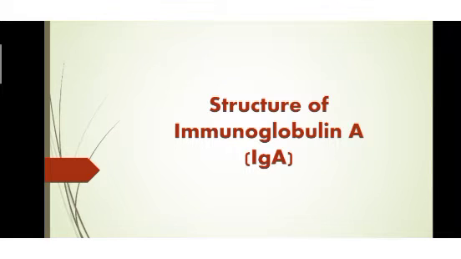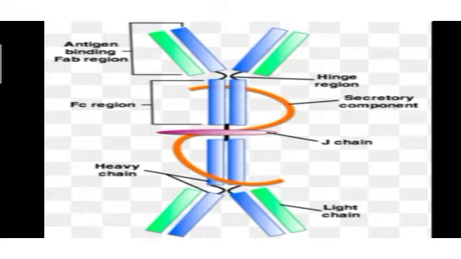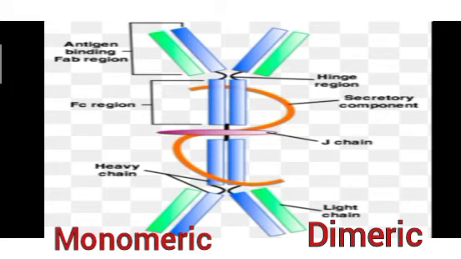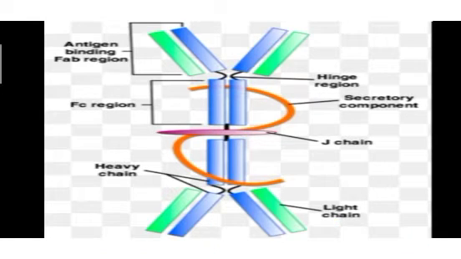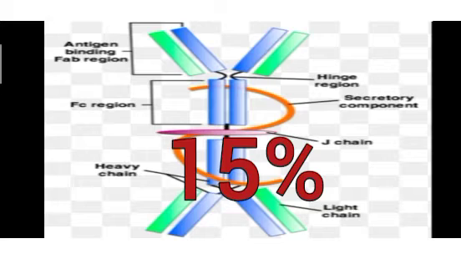Now the structure of IgA. IgA exists in serum in both monomeric and dimeric forms. It comprises approximately 15% of the total serum immunoglobulin.